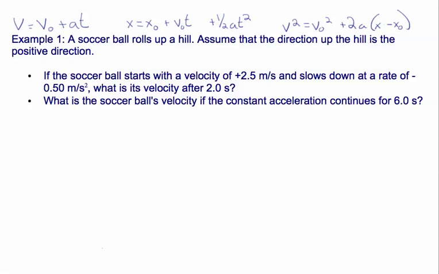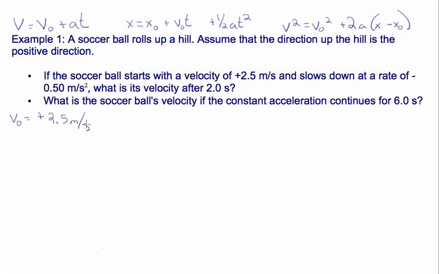In the first part of the question, the soccer ball starts with a velocity of 2.5 meters per second, so we know that that's the initial velocity, and because it's positive, that means it's rolling up the hill, and slows down at a rate of negative 0.50 meters per second squared.